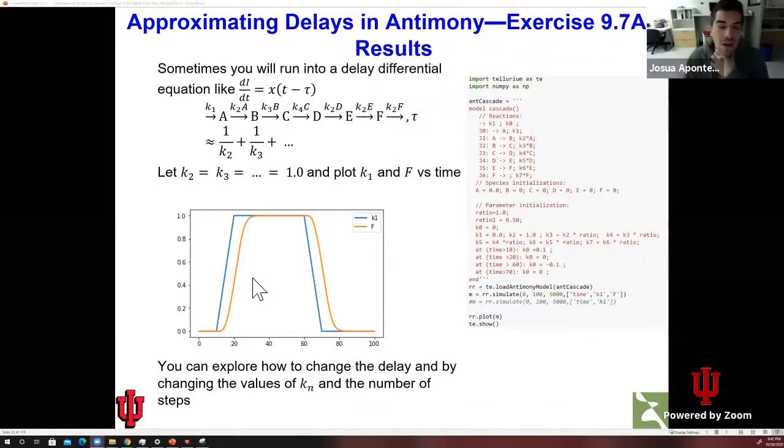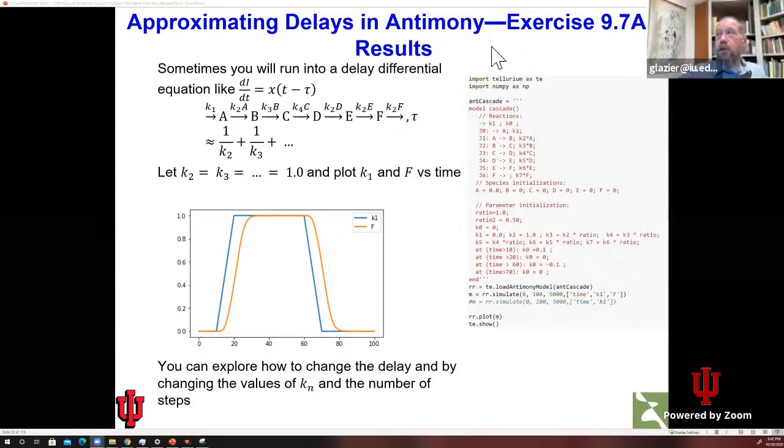James, one question. So, yes. What would be the difference between doing this and doing K1 goes to F, and then having a K that is the additive of all these K1, K2, K3, K4, K5, K6, K7? Okay, that's a good point. So let's try that.